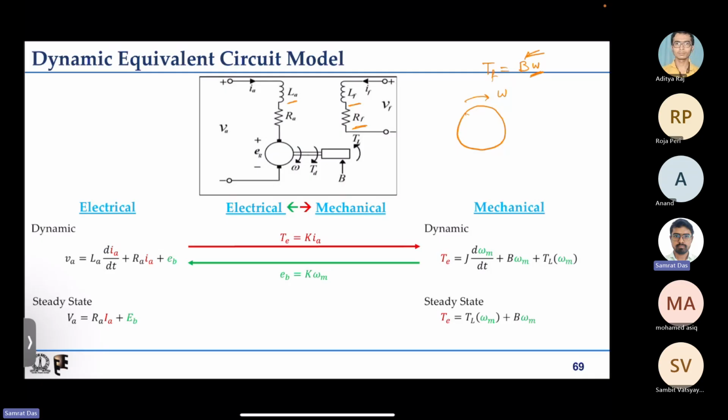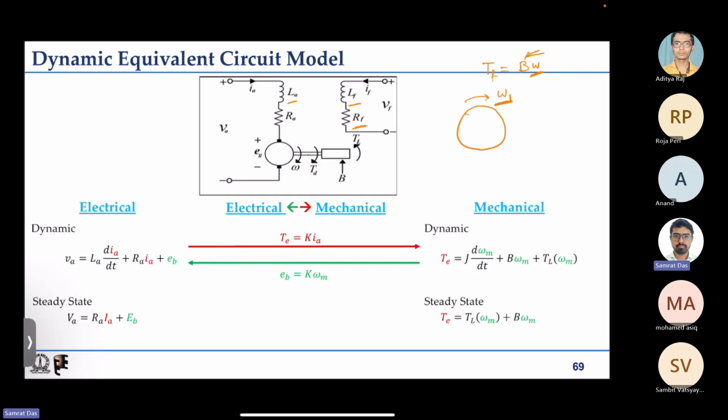What will oppose the rate of change in speed? Suppose we want to change the speed from omega 1 to omega 2. What is the property that will oppose that? From engineering mechanics or physics, we know that it is called the moment of inertia.